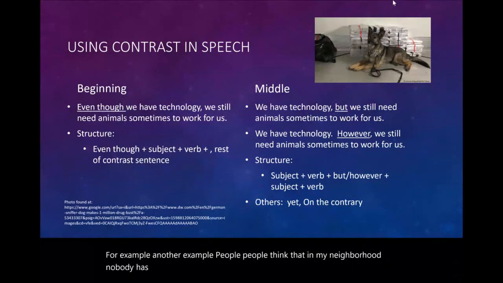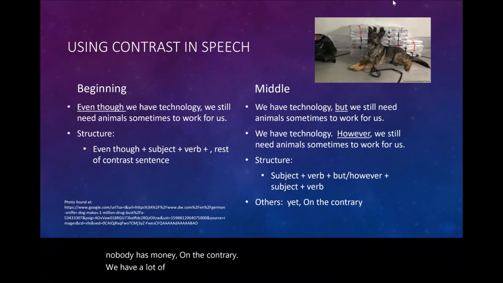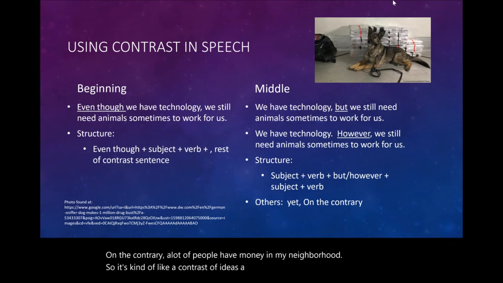On the contrary, we have a lot of neighbors that are wealthy. People think in my neighborhood nobody has money. On the contrary, a lot of people have money in my neighborhood. So it's kind of like a contrast of ideas, a difference in what we think is true and what's really true.